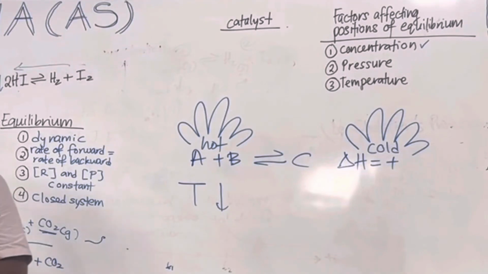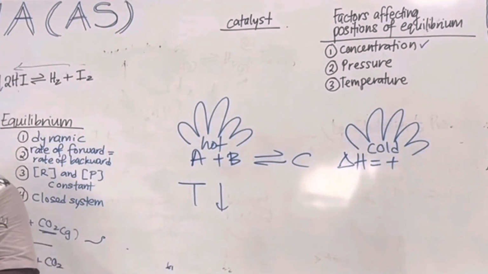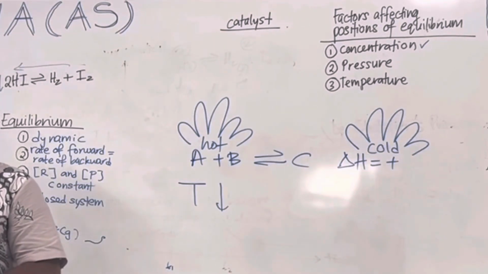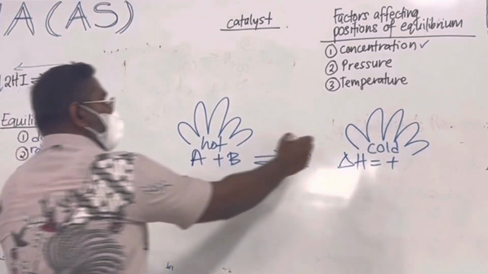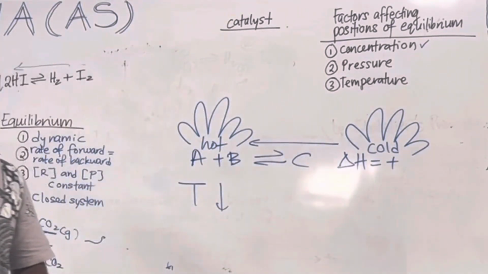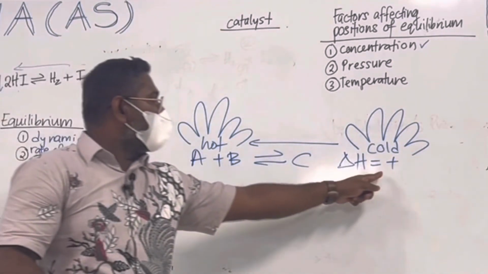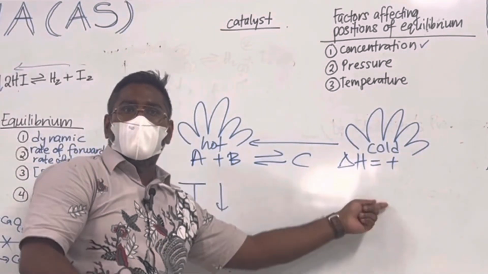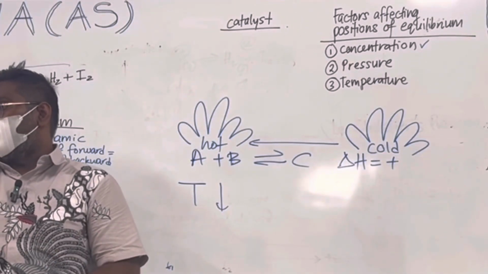So according to Le Chatelier's principle, you need to increase the temperature. How do you increase the temperature? Cold to hot or hot to cold? So the position of the equilibrium will be shifted to favor the forward reaction, which is endothermic, so backward is exothermic. Okay, so that is the principle.